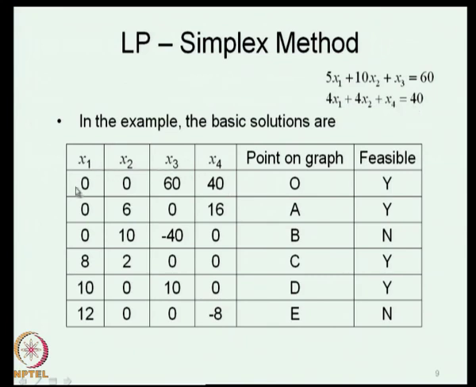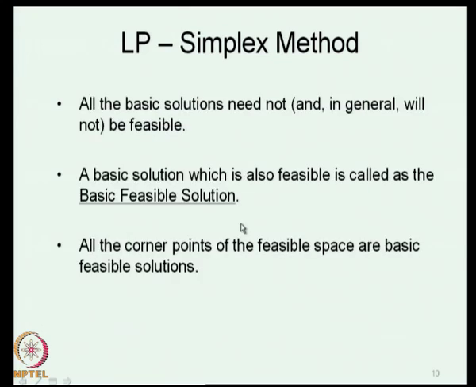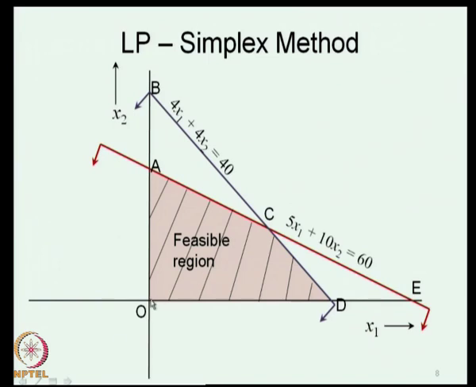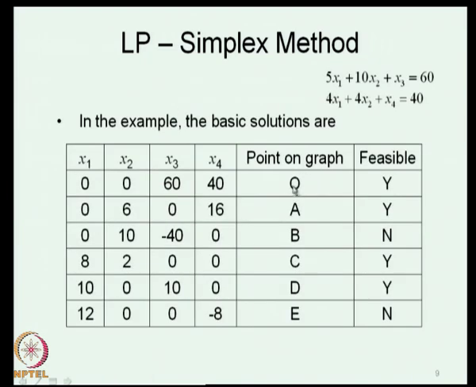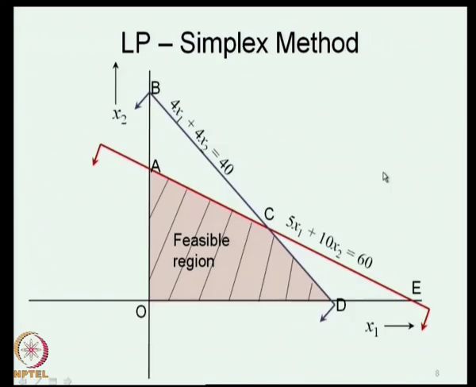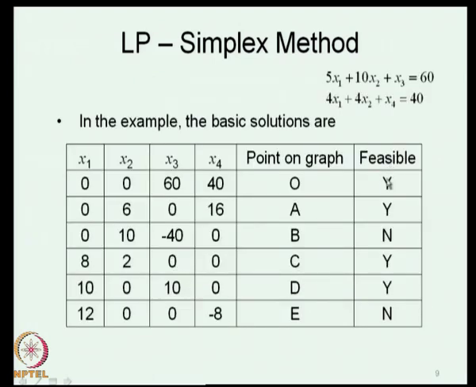And look at the graph, this is the point where x 1 is equal to 0 and x 2 is equal to 0, so the point on the graph is O. Is it a feasible solution? It is a feasible solution because it is on the boundary of the feasible region. So, it is a feasible solution.